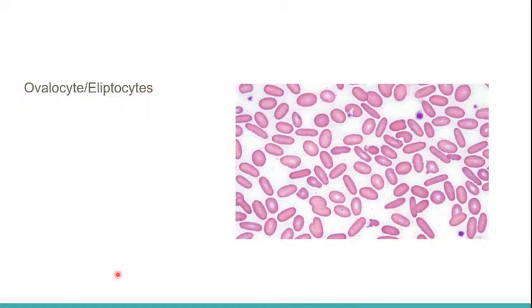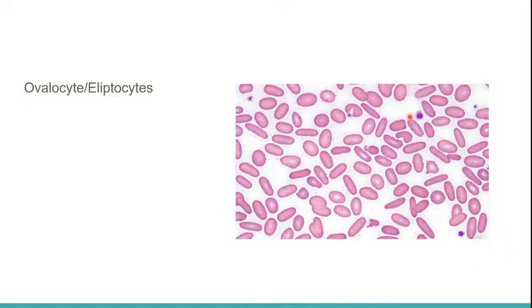But when the hematology specialists in the laboratory looked at the patient's blood sample, they noted elliptocytes, and this is actually one of the archived pictures that was sent to me by my hematology head in the department.